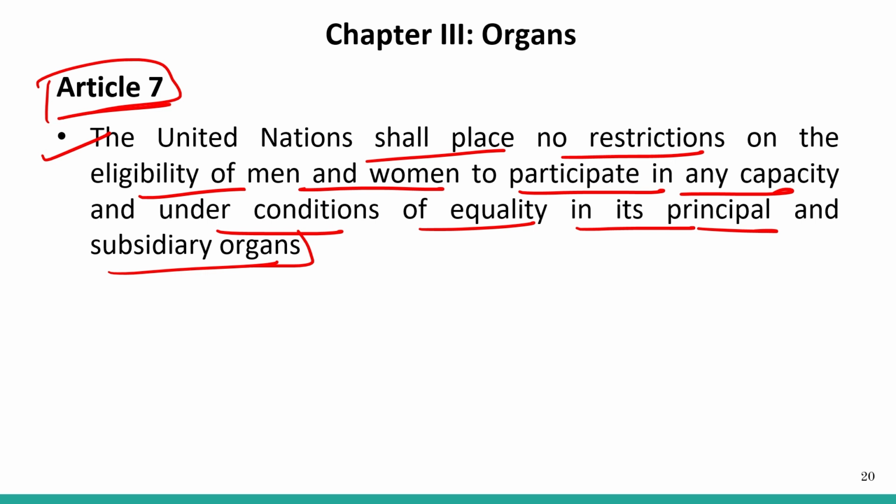The United Nations shall place no restrictions on the eligibility of men and women to participate in any capacity and under conditions of equality in its principal and subsidiary organs, meaning the United Nations shall allow equality between men and women to participate in any capacity under any organs of the United Nations.